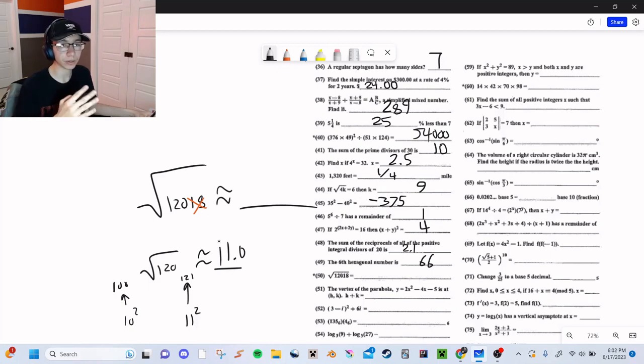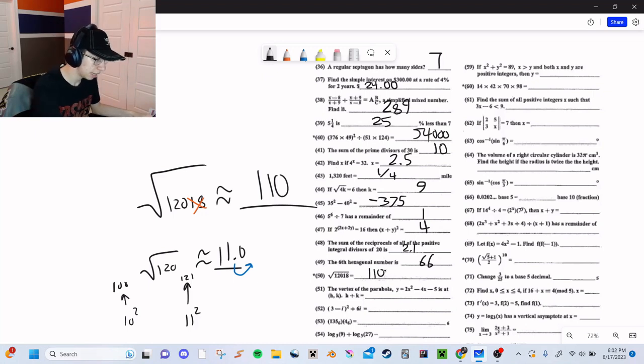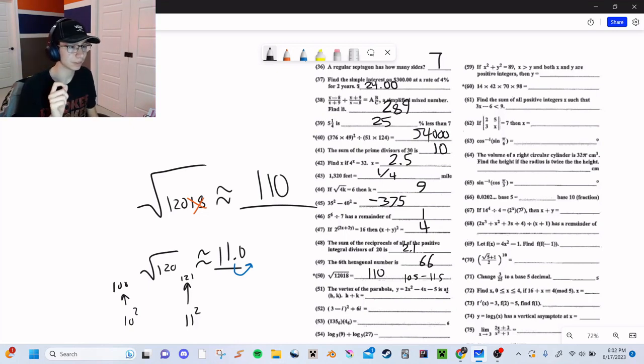Now I gotta return that factor of 10 I pulled out. I shift the decimal one place to the right, and I get 110 as my answer. And the range for this question is 105 to 115, so we were right in the middle. So this was a very accurate answer.